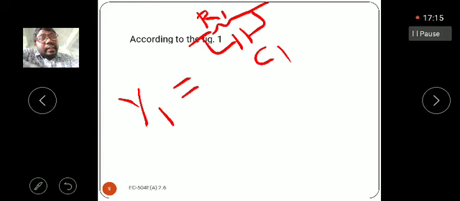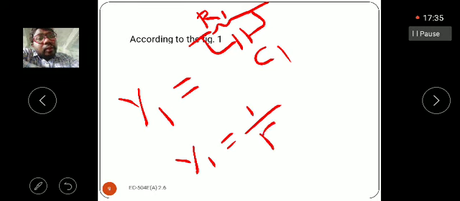Generally for impedances, arms connected in series are written as R1 plus j omega C1, but here we are taking the admittance, so series is converted into parallel and parallel into series. In general impedance, a series connection is series and a parallel connection is parallel, but in admittance it is reversed.